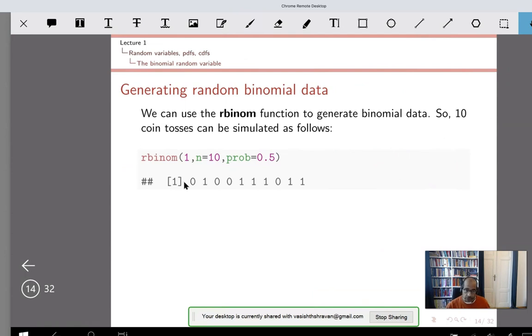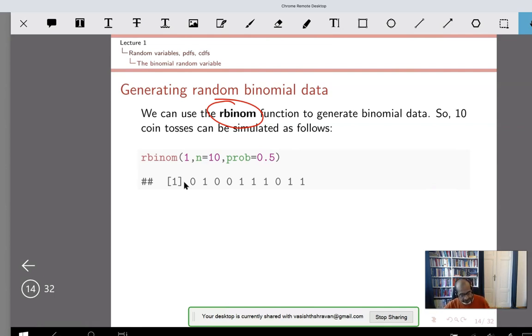We can also generate random data from the binomial random variable. There is a function called rbinom in R, standing for random, which allows you to generate binomial simulated data. We will be using this a lot later on when we are simulating experiments.